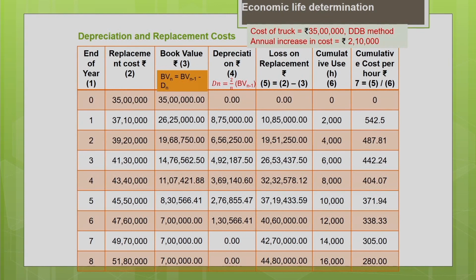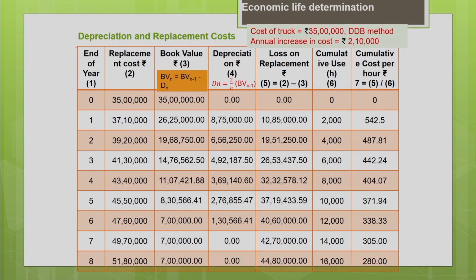Now let us work out the cost associated with the machine from the replacement analysis perspective. As I told you, we are supposed to consider all the components of the cost associated with the machine, so that you can have an accurate estimation of the optimum replacement time. First, we are going to estimate the depreciation and the replacement cost associated with the machine.